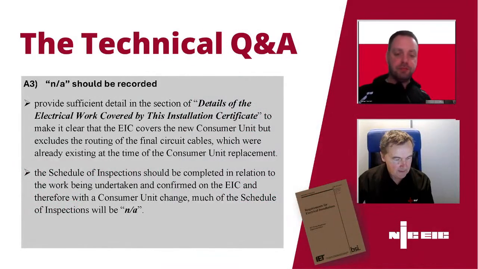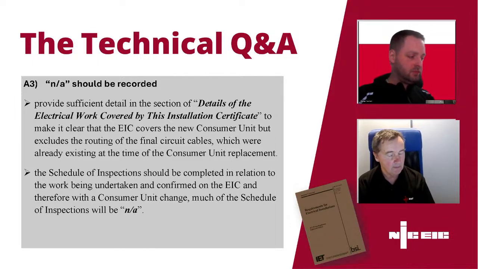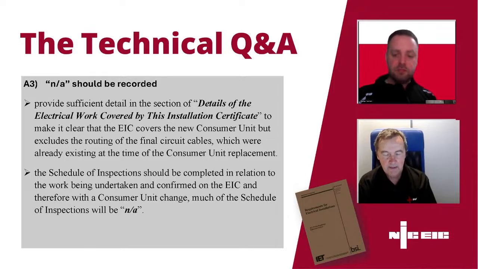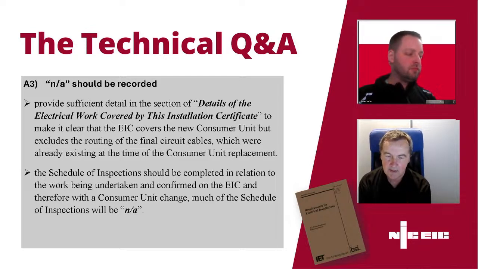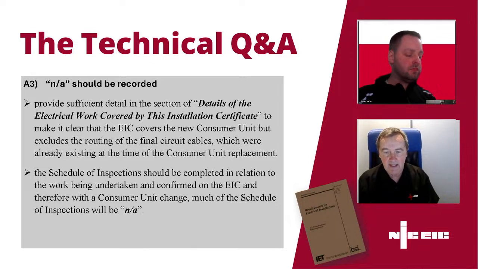So the simple answer to this one is that not applicable, and this is all about making sure that we really use the box on our electrical installation certificate where it says details of the electrical work covered by this installation certificate. We really state exactly what we're certificating with the EIC.